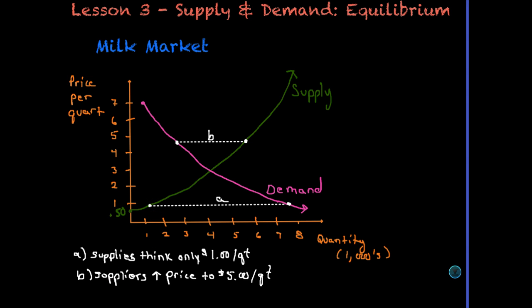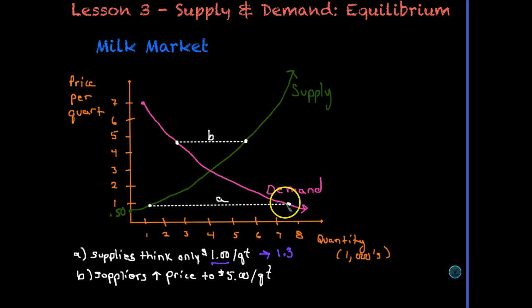I'll put the point here in a different color. So for $1, we will only be supplying about 1.3 in thousands of quarts. That's all we're willing to supply for $1.